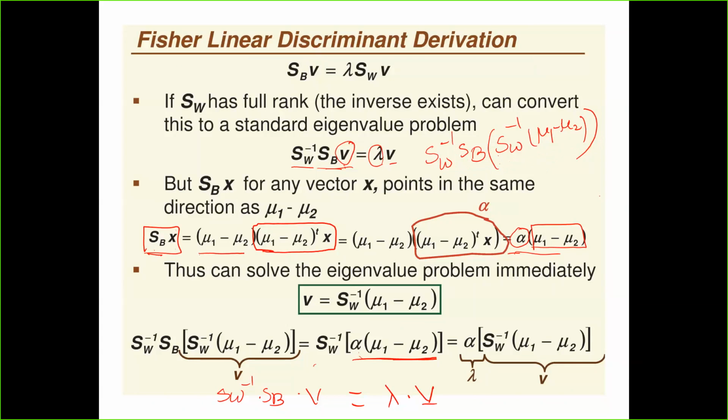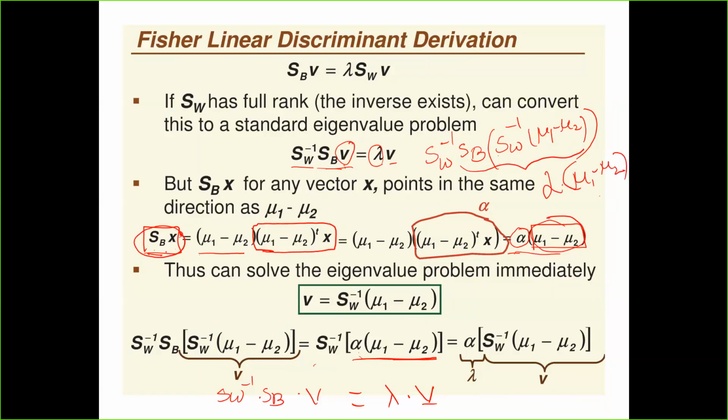So here, when you multiply SW inverse mu1 minus mu2 with SB, using this property that SBx is in the same direction as mu1 minus mu2, it means this whole thing can be written as alpha times mu1 minus mu2.